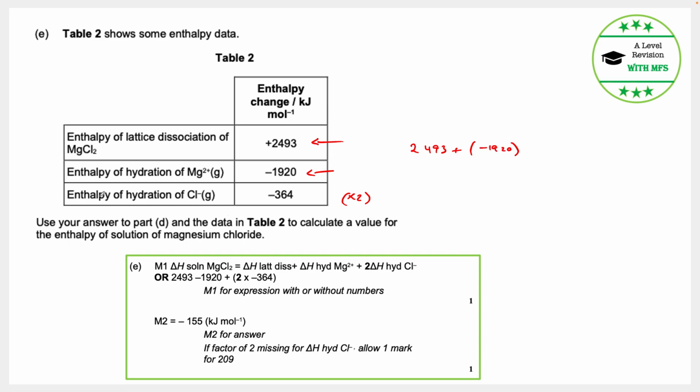And then because we have 2 chloride ions, we multiply this value by 2. So we're going to add 2 lots of minus 364. Typing that into our calculator is going to give us this answer, minus 155 kilojoules per mole.